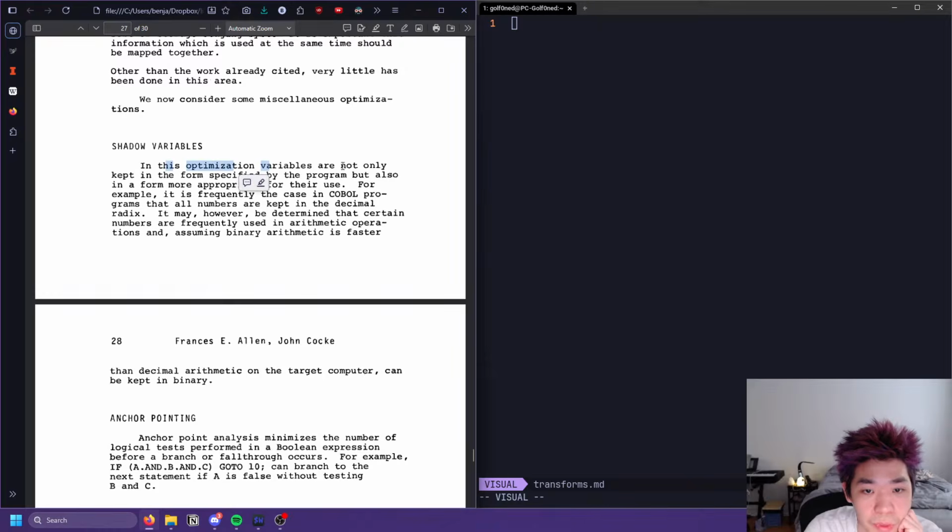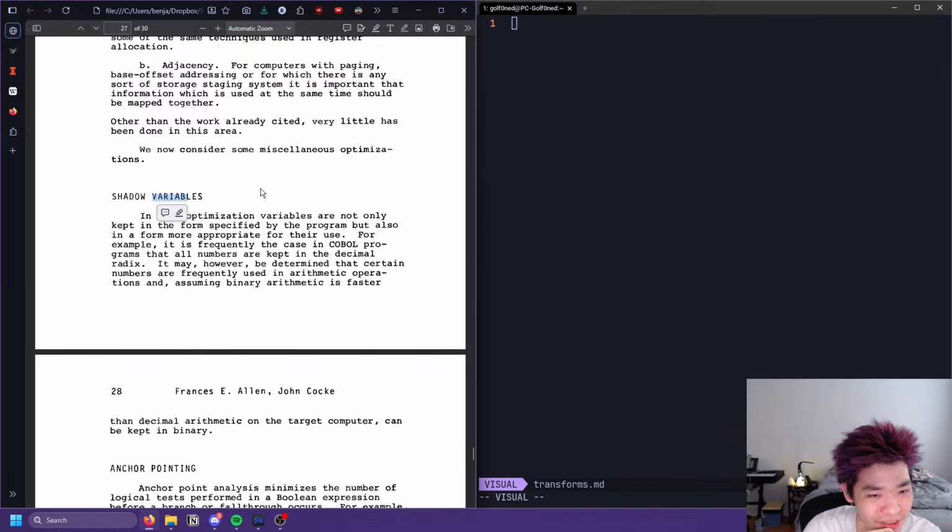Variables are not only kept in the form specified by the program, but also in a form more appropriate for their use. COBOL, decimal, radix. Certain numbers are frequently used in arithmetic, and assuming binary arithmetic is faster, can be kept in binary. Wow. I don't really understand what's happening here.